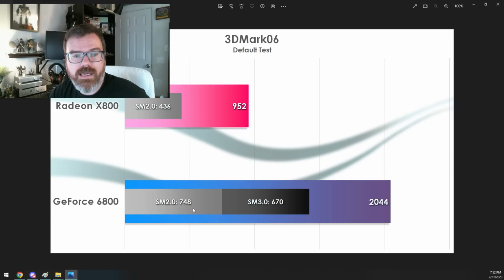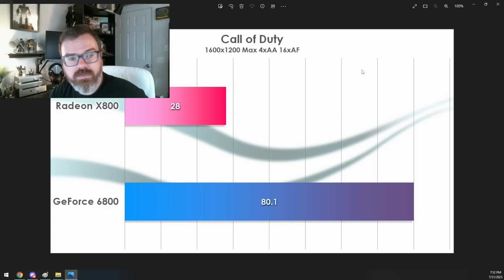If you have 128, you get quite a performance penalty, and that's what's happening here. So as much as I was trying not to test the VRAM capacity, unfortunately there is a test here that does show a difference, and we'll see that again in the very next one, Call of Duty.